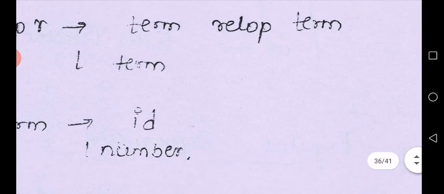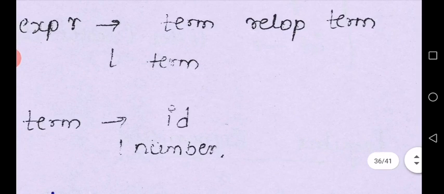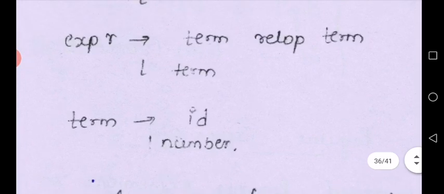So the first term, if I consider n, relational operator greater than, and term as 1, that means n greater than 1. So term means identifier now, because n we are considering as an identifier. The relational operator we are using is greater than. One more possibility of term we have is number. Yes, n greater than 1. So this is in the format of expression exactly.